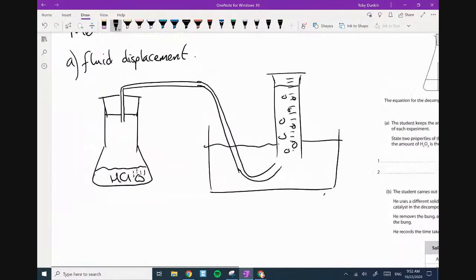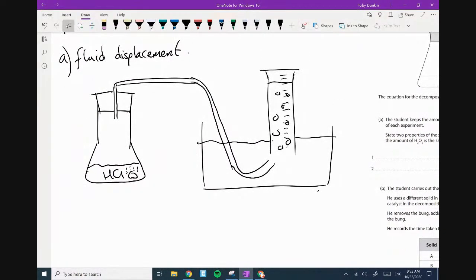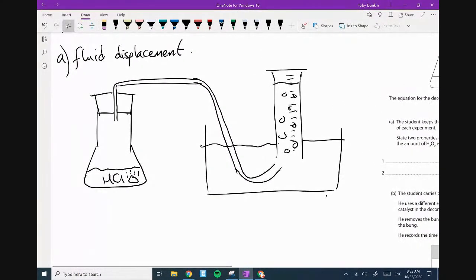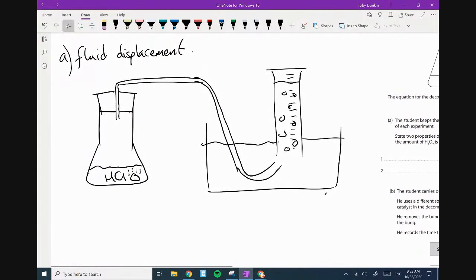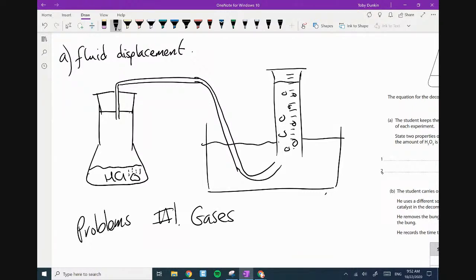Just to tell you that this diagram makes an appearance in Edexcel an awful lot. Now, can I just say that this practical is fraught with problems, but there is a top problem with this. So, problems with this practical. Problem number one, our survey said top answer: gases are soluble.